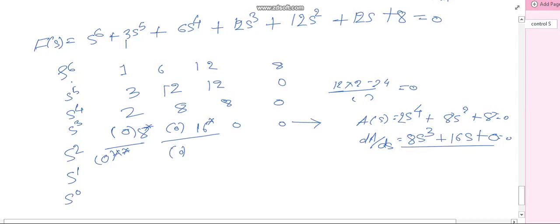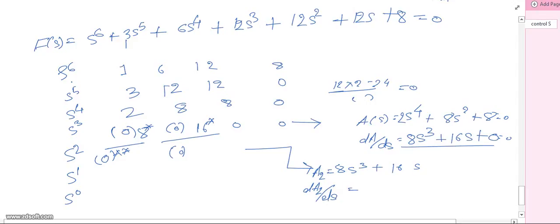Again you form an auxiliary equation here. So what you get, 8s^3 plus 16s. This is your A2, and dA2 by ds you get 24s^2 plus 16. Oh, sorry, this one is s^2.